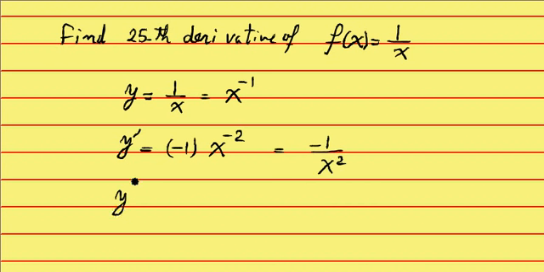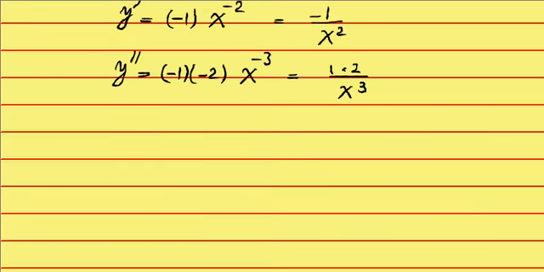Let's go ahead and take the second derivative. Well, now I have to multiply this new exponent with this one, so I'll have minus 1 times minus 2 x to the power of minus 3, which you can simplify as 1 times 2 over x cubed. Let's try one more round.